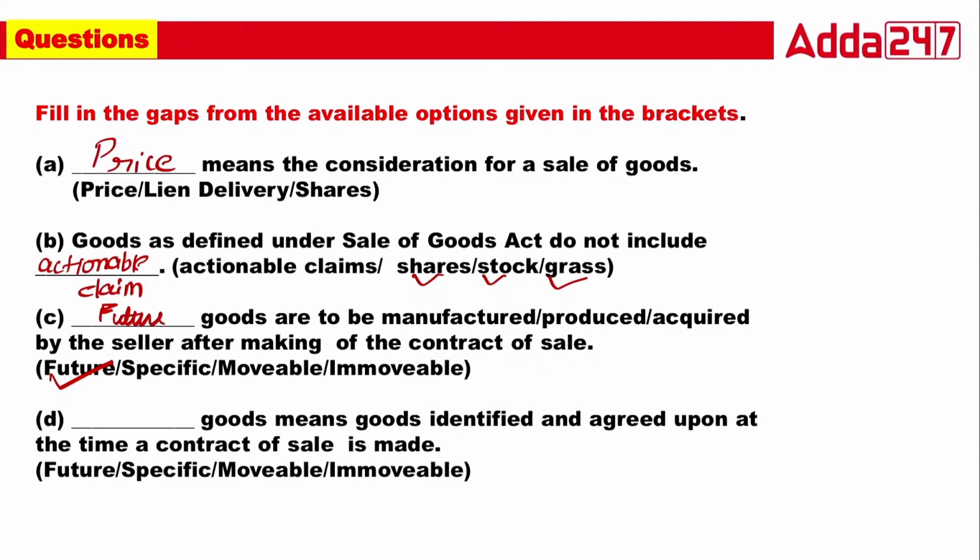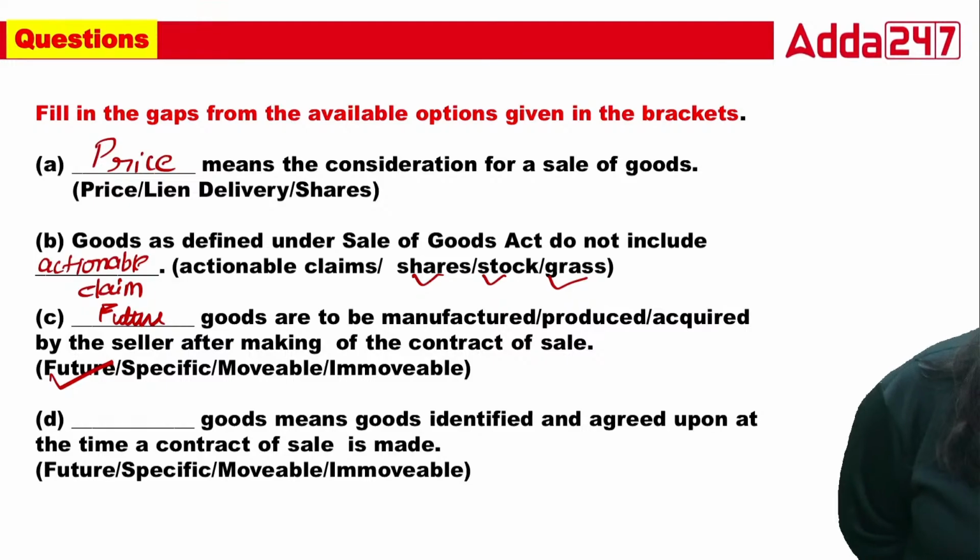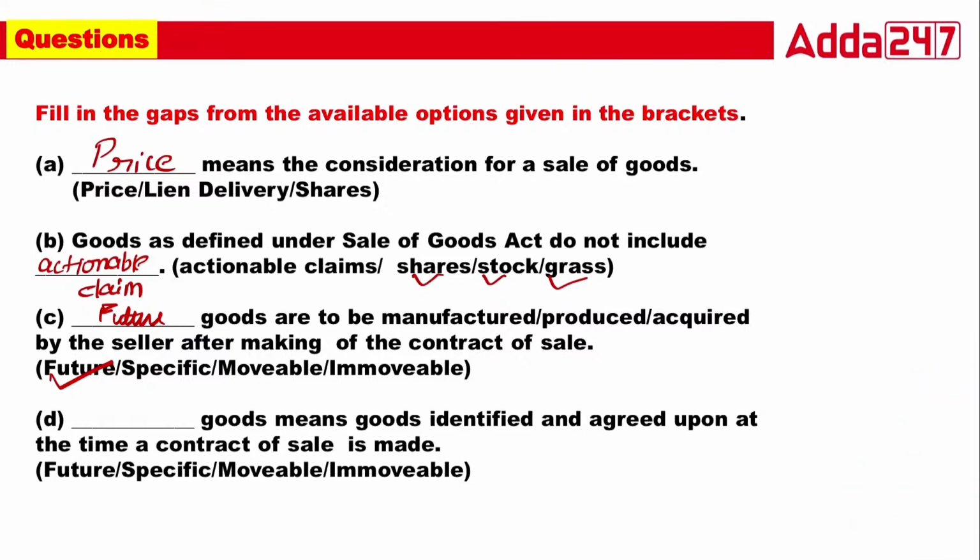Dash goods means goods identified and agreed upon at the time the contract of sale is made. What is this? Identified.